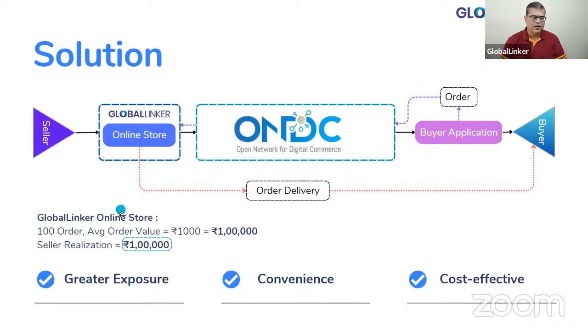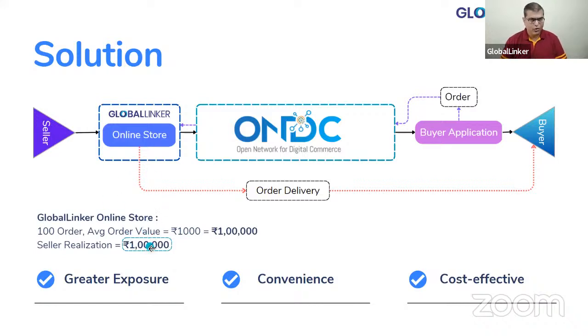Now, if we are again looking at the numbers very broadly, same scenario, 100 orders, average order value is 1,000 rupees. So that's where 1 lakh rupees is your earning. Now, you have seen that seller realization I have mentioned as 100,000 rupees, or 1 lakh rupees, and you cannot see any commission or anything there.